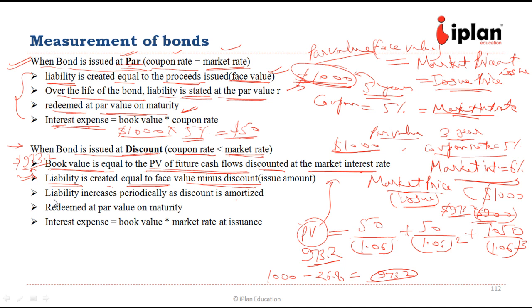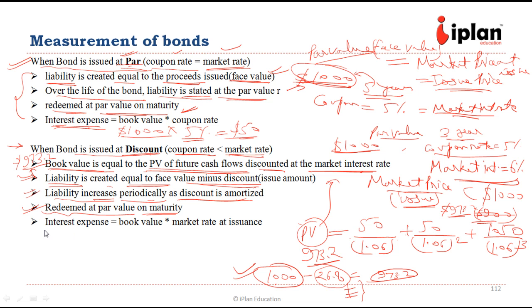It keeps increasing periodically as the discount is amortized. Since we know that 26.8 is the total discount, this will be amortized over the period of 3 years. So that amortization has to be taken into account. Every year the liability will keep increasing and finally it will reach face value, that is $1,000, and at maturity this is going to be redeemed at par value.